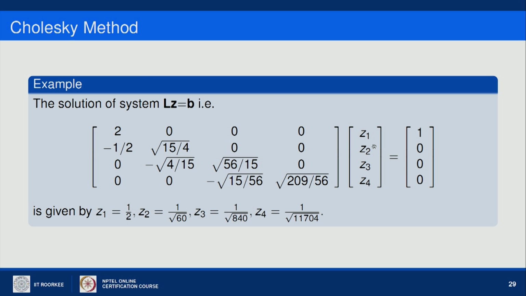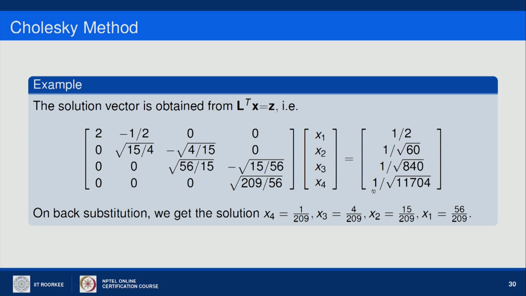From here I will get the values of Z1, Z2, Z3, Z4. Once I get Z1, Z2, Z3, Z4, I can solve L transpose x equals Z using back substitution, and I will get the values of x1 as 56 upon 209, x2 as 15 upon 209, x3 as 4 upon 209 and x4 as 1 upon 209.